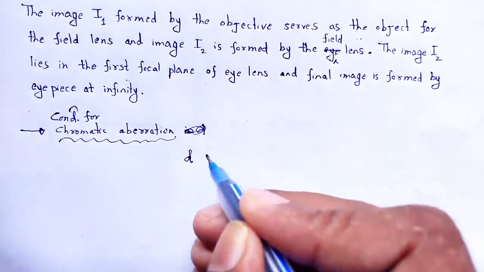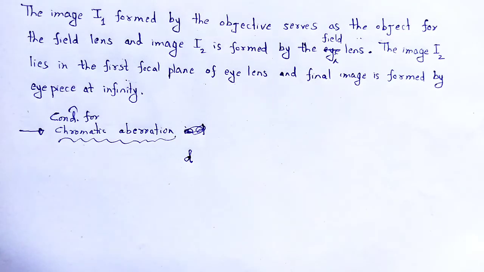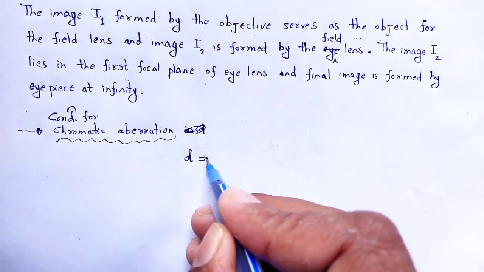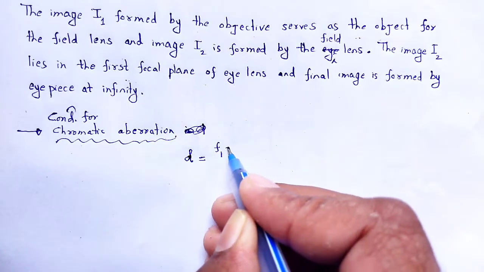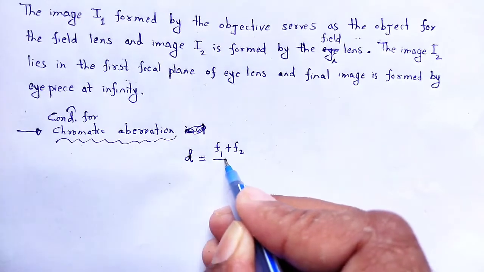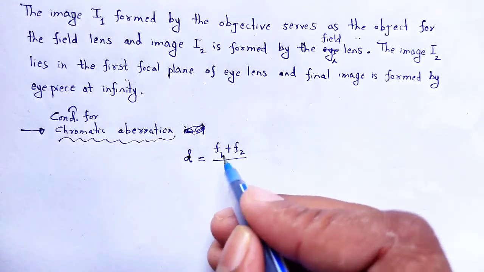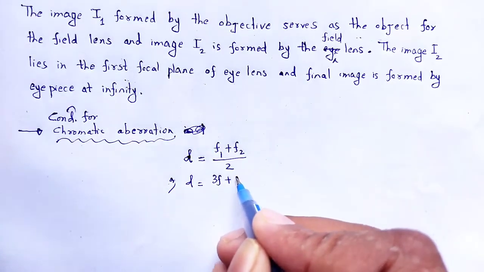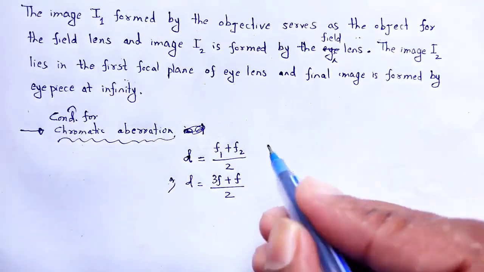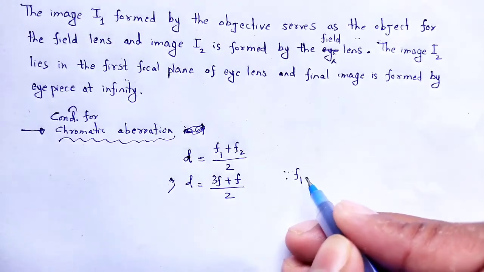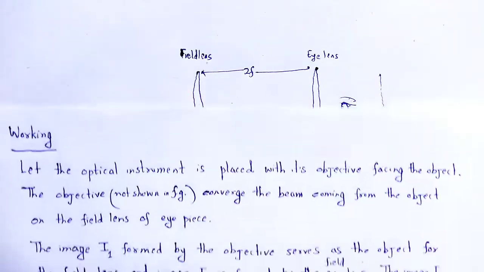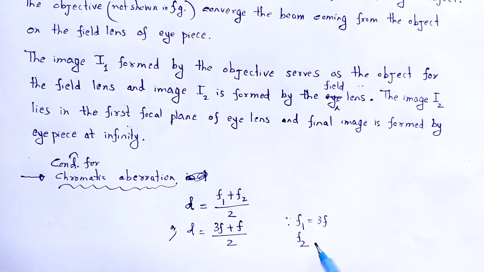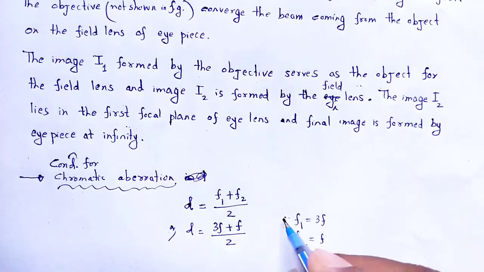The distance must be the sum of the focal lengths divided by 2. Here f1 is equal to 3f, the focal length of the field lens, and f2 is equal to f, the focal length of the eye lens.